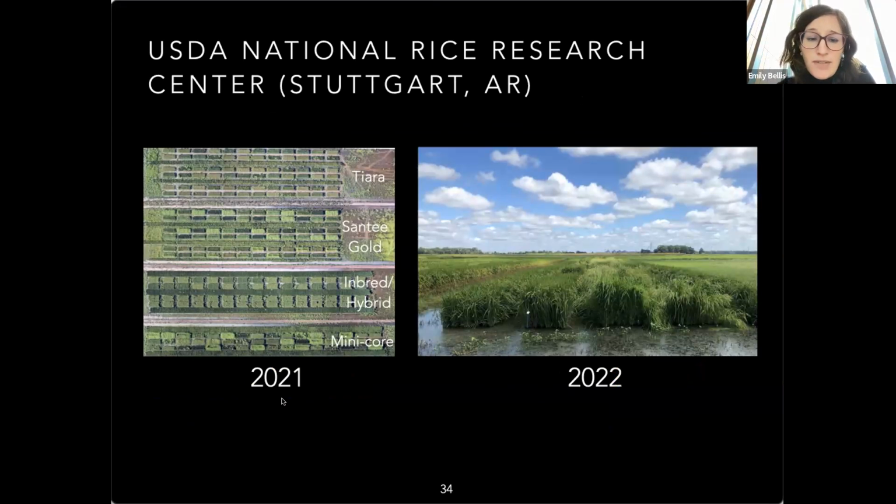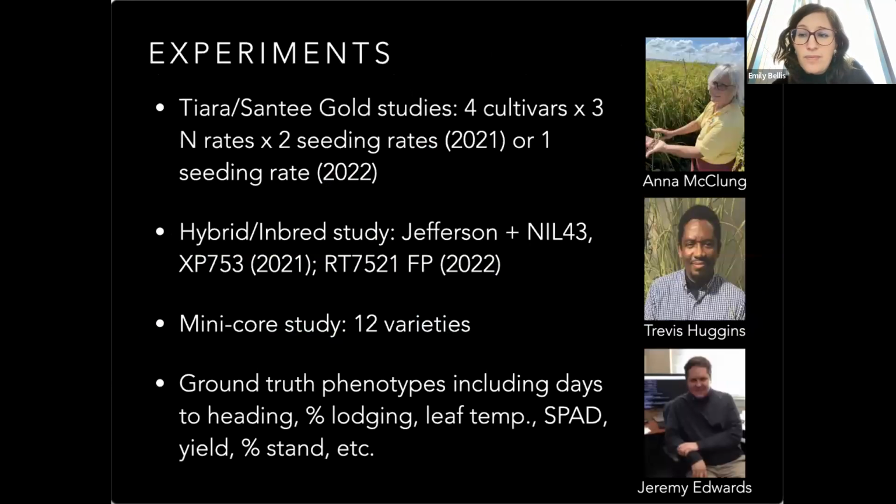We've got 2 years of data, 2021 and 2022. There are several different mini experiments going on in this study. We've got a few variety trials where we have different nitrogen rates and seeding rates. In 2022, we just did one seeding rate because we had pretty similar spectral signatures for the seeding rates in 2021.